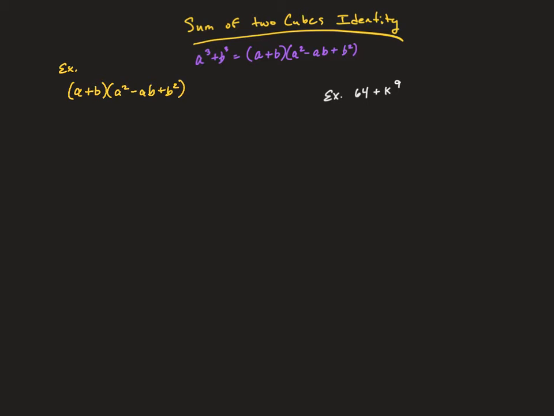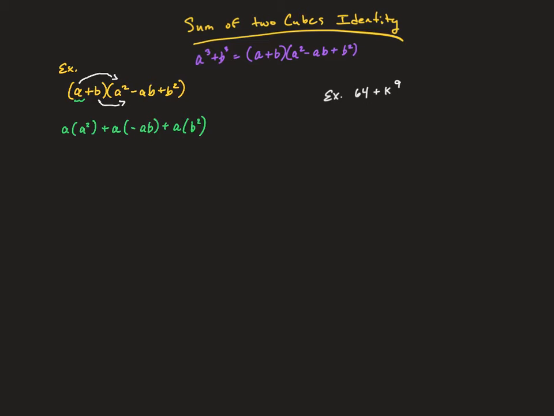And using the distributive property, I'm going to multiply a times everything in that parentheses, and multiply b times everything in that parentheses. So I'll do the distribution of the a in green. I'm going to have a times a squared plus a times negative ab plus a times b squared.